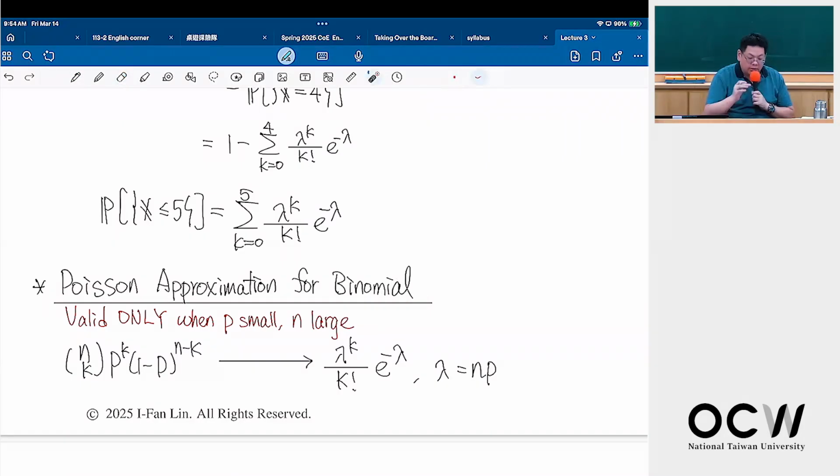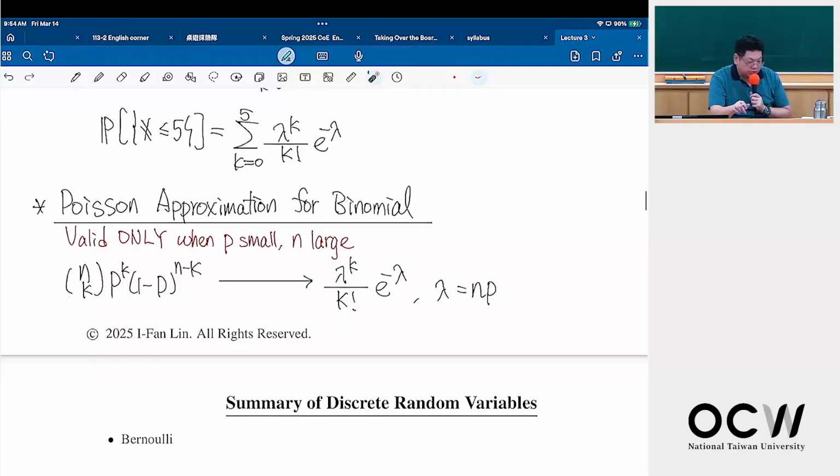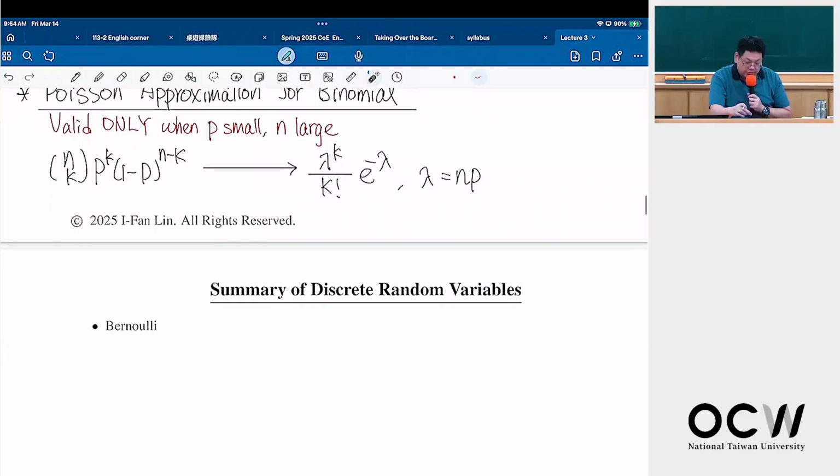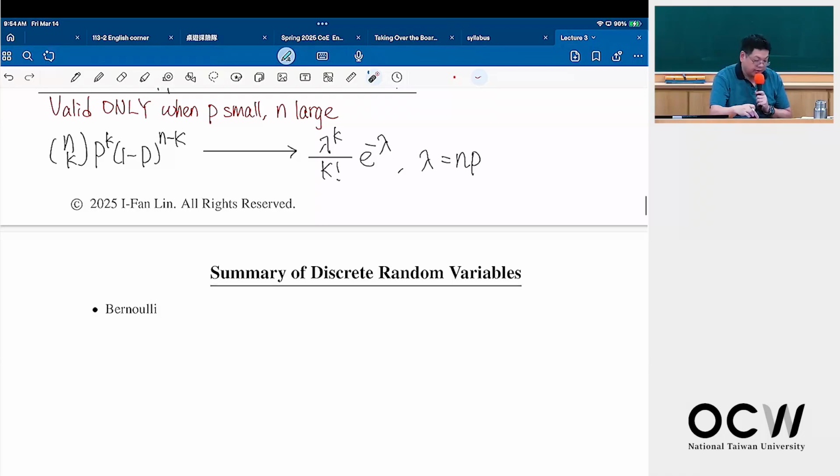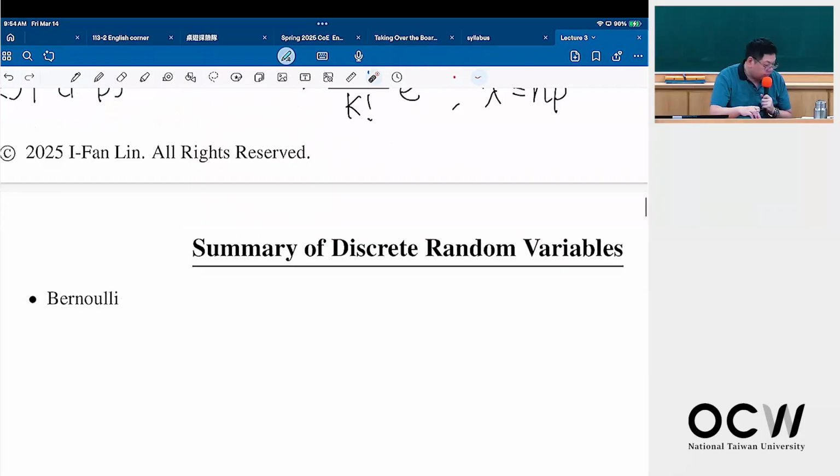Okay, so now we just introduced 4 common discrete random variables. Let's just have a summary. First, what is Bernoulli?